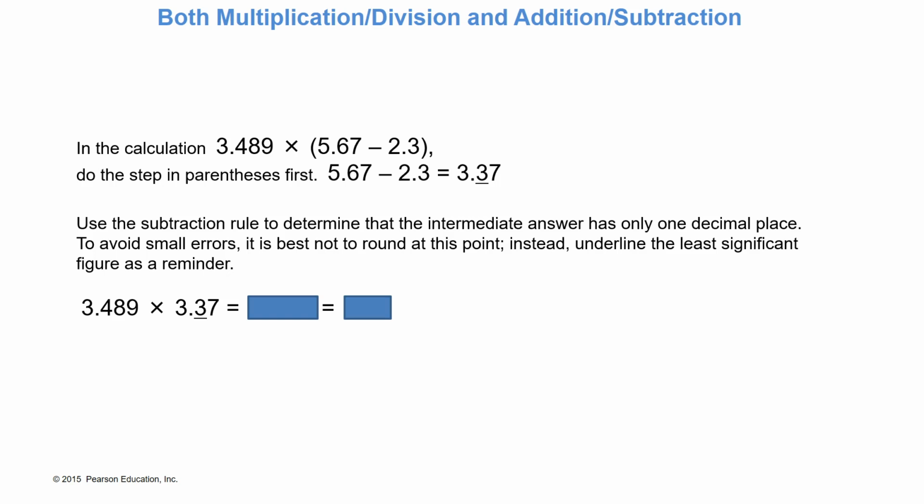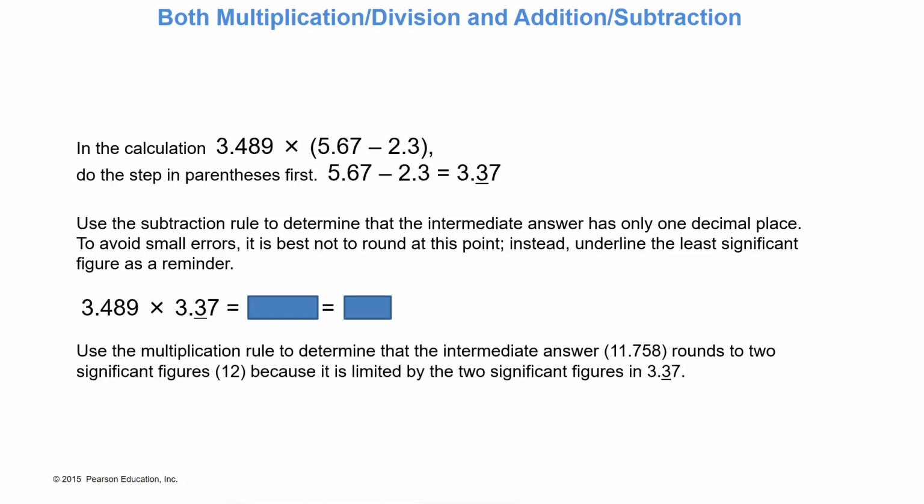Now, when you're doing this in real life, you're probably not going to write down every single step, and I get that. But I want you to be able to conceptually understand why this is going to have the answer that it's going to have. All right. So we have 3.489 times 3.37. I plug it into the calculator, and I get this. How many sig figs can my answer have?